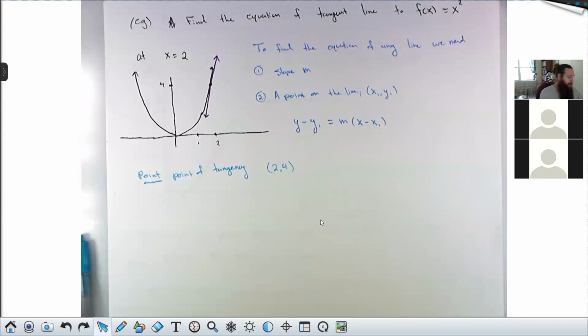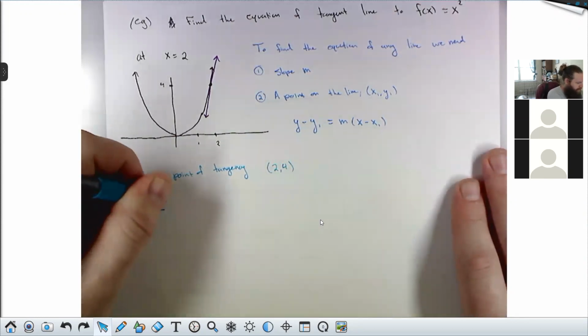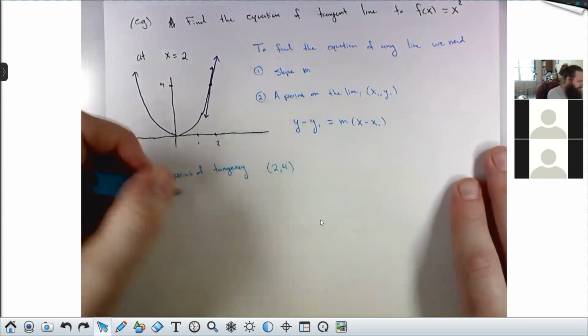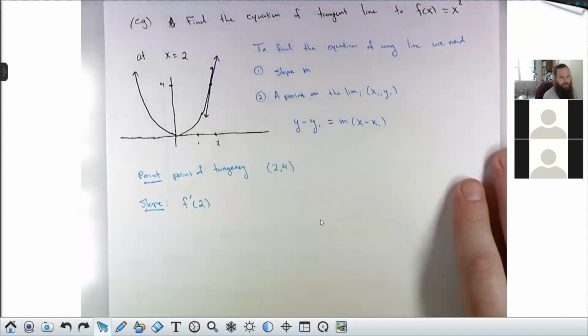The slope is the fun part. The slope here is f prime of 2. I don't know what that is yet.